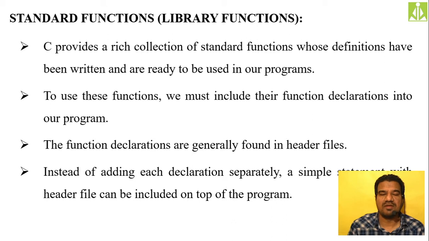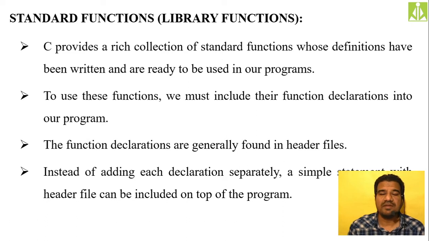In general, whenever we are using a function in a C program, we have to do three things for the function, isn't it? Function declaration, function call, and function definition. Before the call, we need to have two things: function declaration as well as function definition. If we are not doing these two things, we will be unable to use that function in our programming.